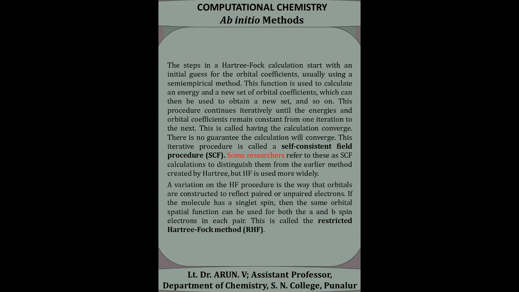This is used to calculate the energy and a new set of orbital coefficients, which can then be used to obtain a new set, and this process continues. This procedure continues iteratively until the energies and orbital coefficients remain constant from one iteration to the next.